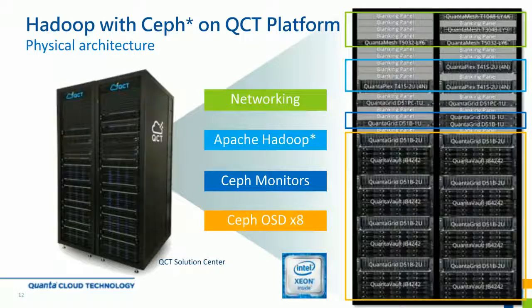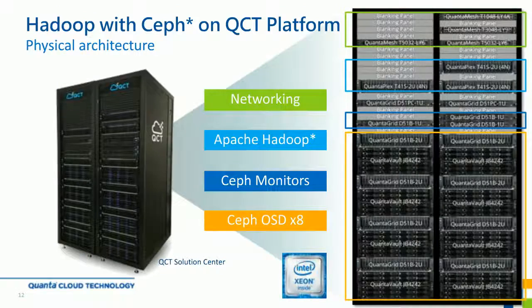Next you have the QuantaPlex T41S 2U servers. These are 4 compute nodes in one chassis, and they serve as the Hadoop nodes. In addition to that, the name nodes are also hosted there.